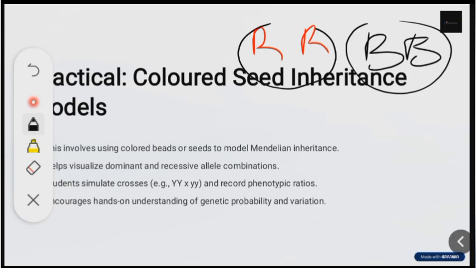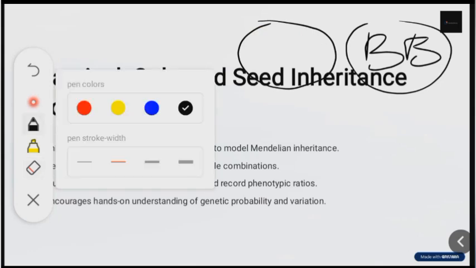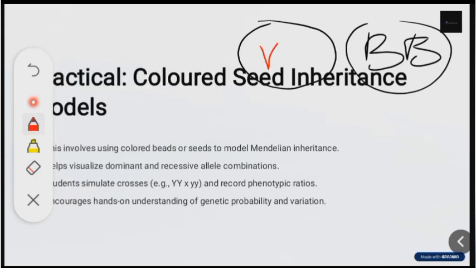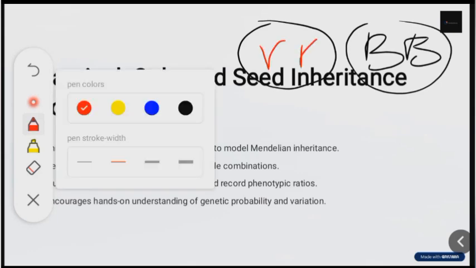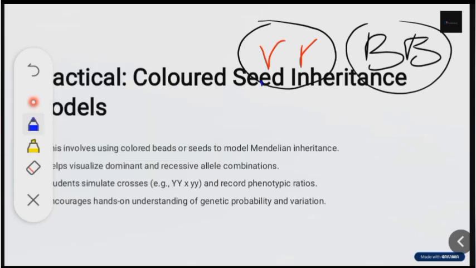This one is dominant for red. Sorry, one of these colors should be recessive, the other should be dominant. Let's say being red is recessive. So this is homozygous recessive.